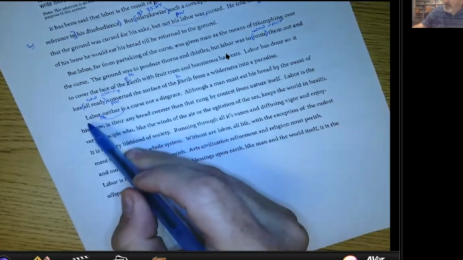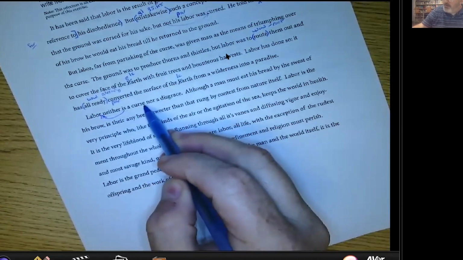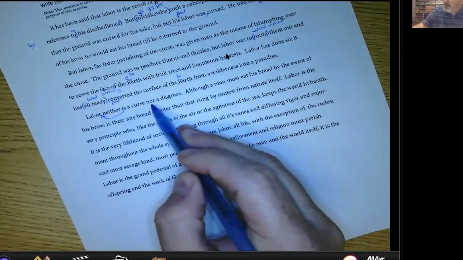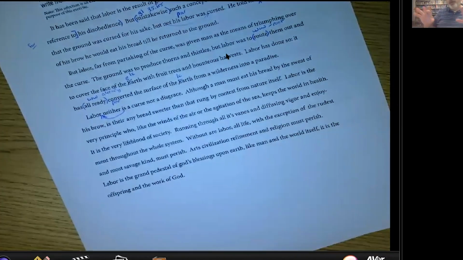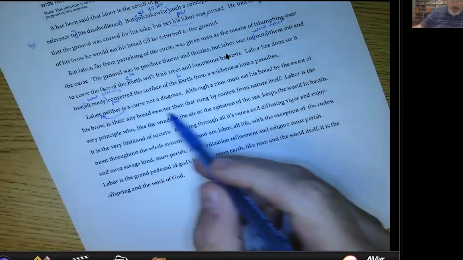So you do the subject, the verb, then the correlative: labor is neither a curse nor a disgrace. In order for it to be parallel, you have to wait till after the verb and then do the first part, nor the second part. So that's to make it parallel. So that's P-A-R.